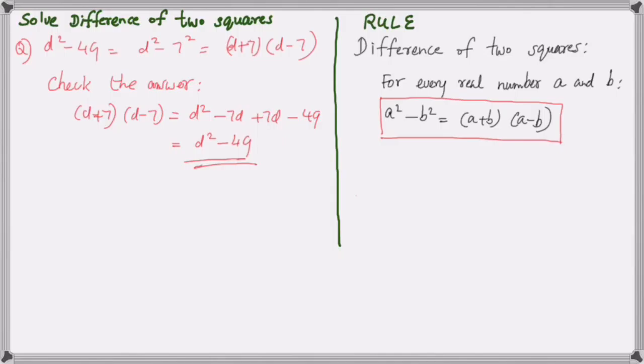That is what this rule is about, right? So in order to solve a square minus b square, you follow this rule. a square minus b square would be a plus b times a minus b. So here the solution of this would be d plus 7 times d minus 7.